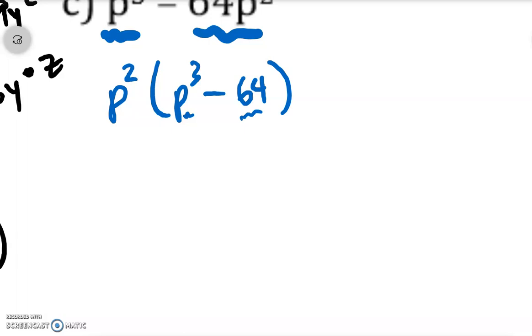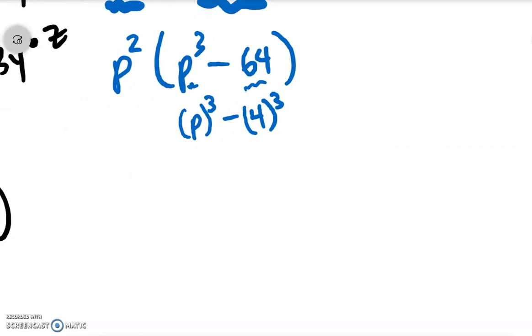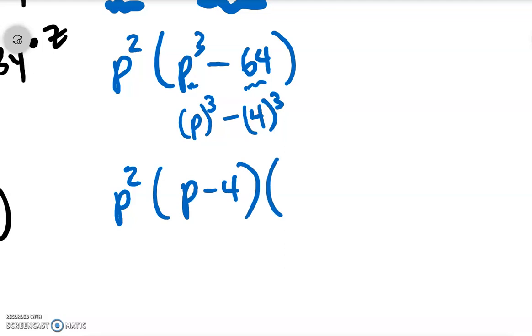This would be p cubed minus 4 cubed. There's your a and your b term. So we have to continue to factor that. So this is a difference. So we're going to have p squared times p minus 4. Remember, it's a difference, so the first sign is the same. So p minus 4 times a squared. This is just a minus b.